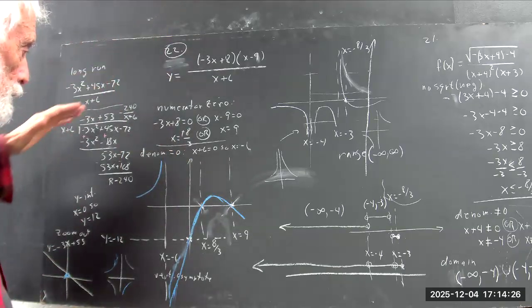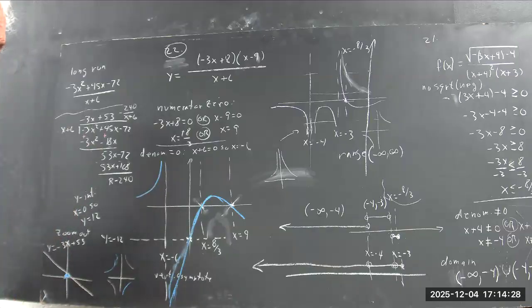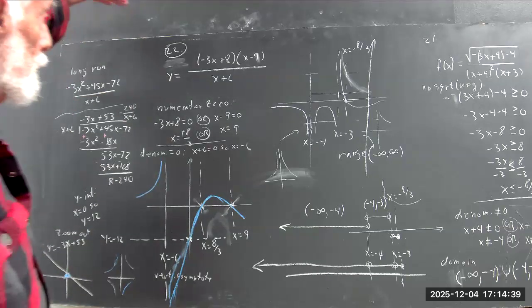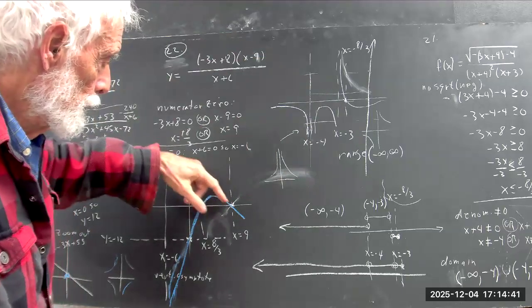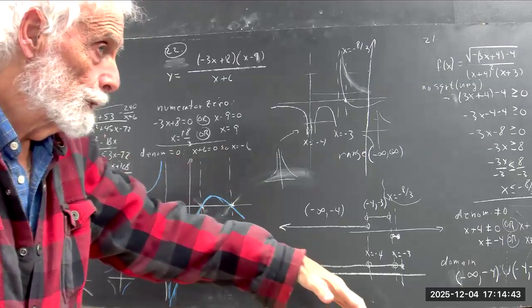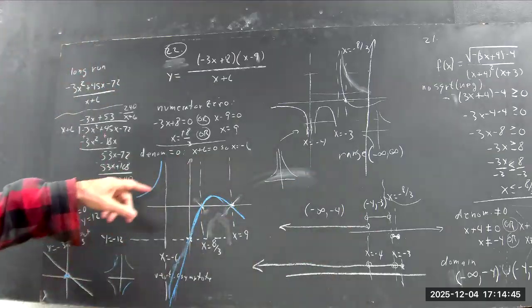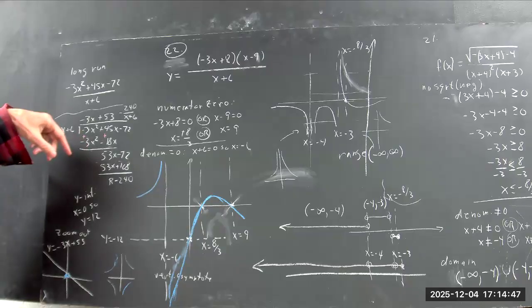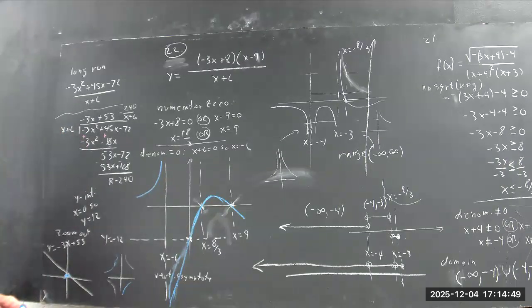It's going to be up so high I can't draw it. But it's going to come down like this, and eventually this line is going to become asymptotic to that negative 3x. And this one will actually turn around and become asymptotic to your negative 3x.